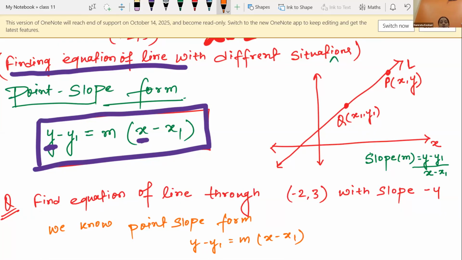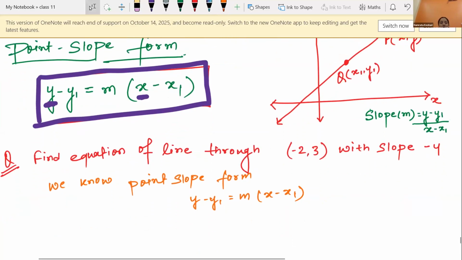We understand m is nothing but the slope. So y we don't have to disturb. Our equation will contain x and y, so y we will leave as it is. y1 we will be taking 3. m is given as minus 4. x we will not disturb. x1 we will be taking minus 2, so minus of minus 2. Is it clear to all of you?